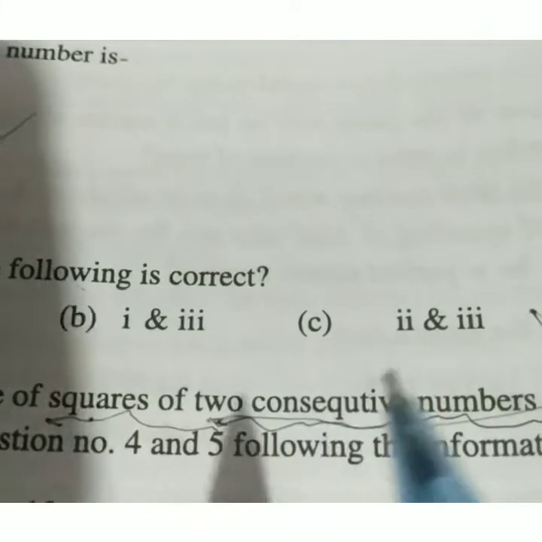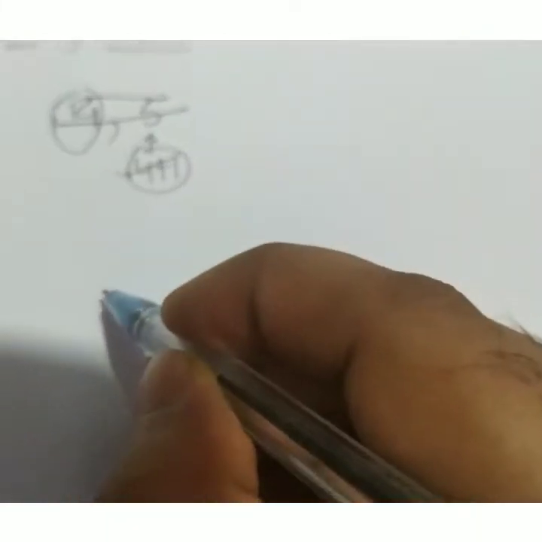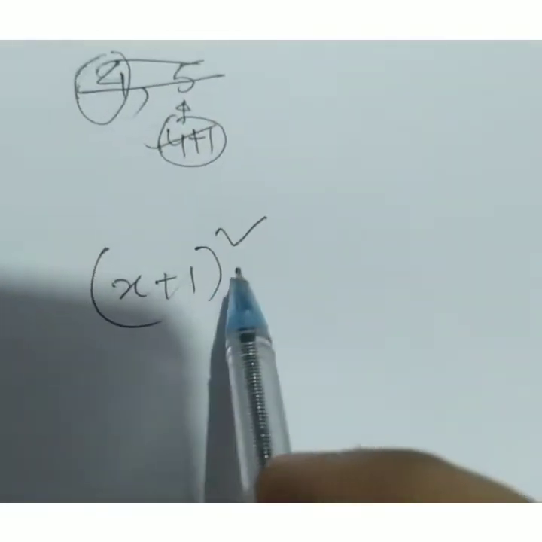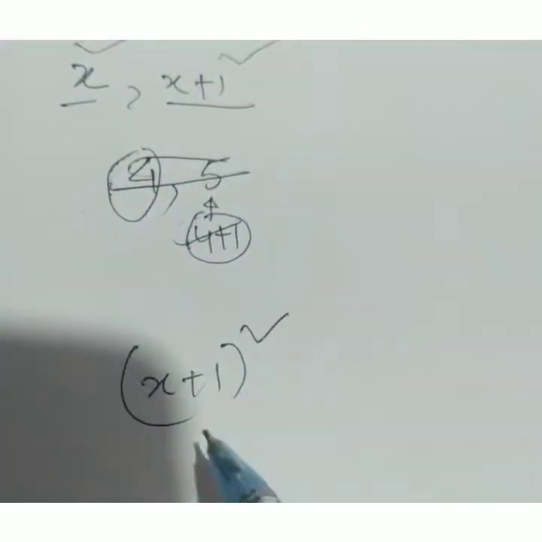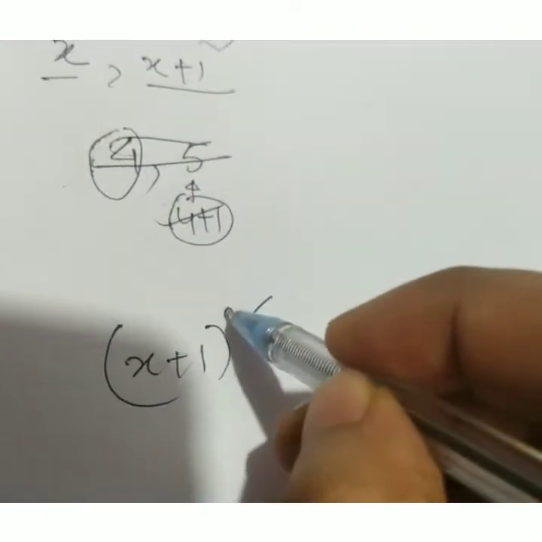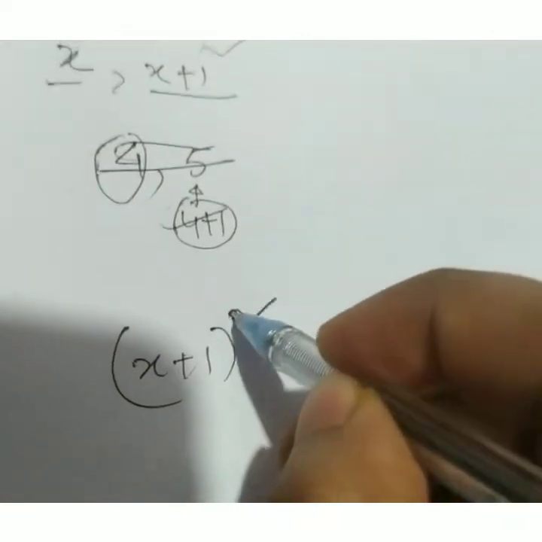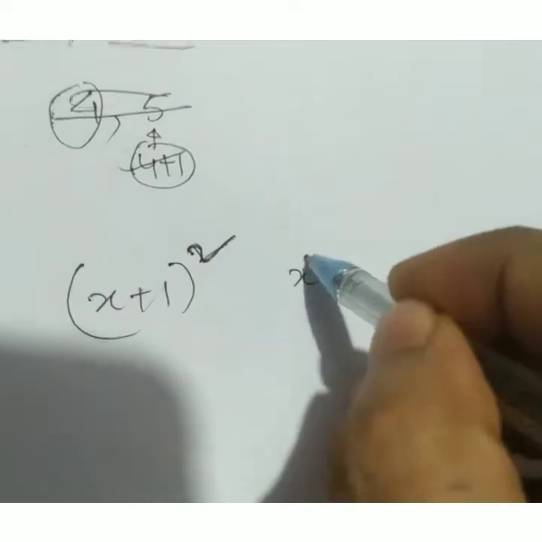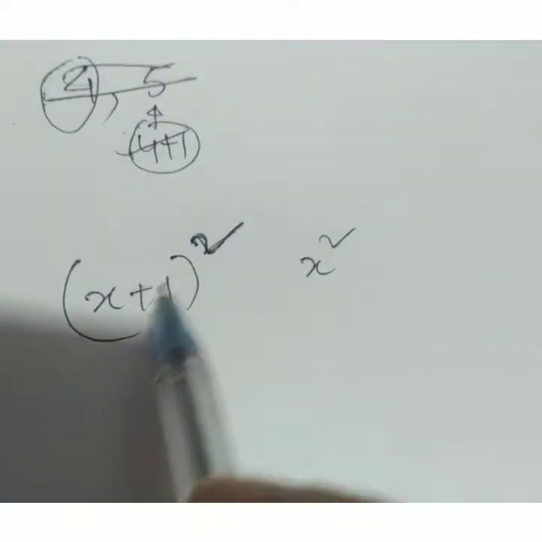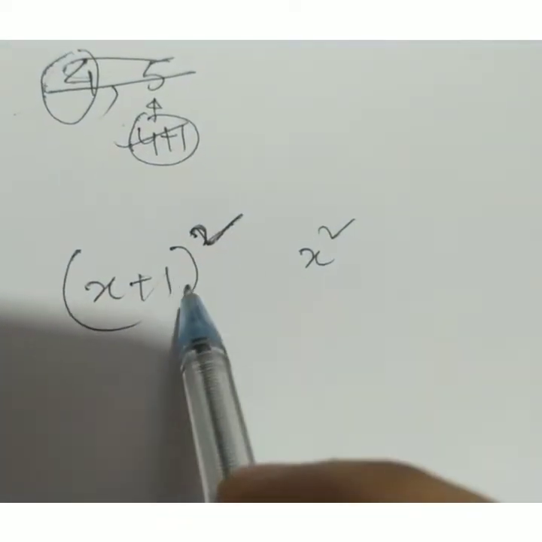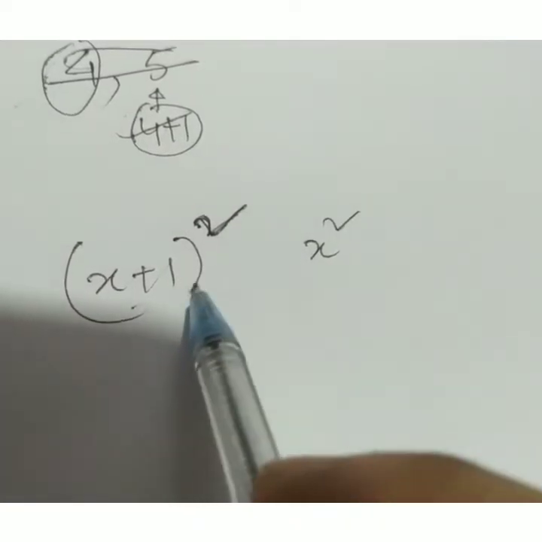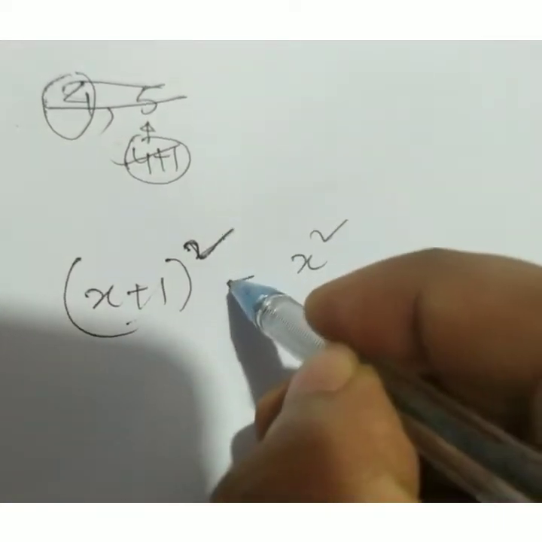Now the second information given is squares of two consecutive numbers. The square of x plus 1 is x plus 1 whole square, and the square of x is x square. And the question given is the difference of the squares of two consecutive numbers. So difference means subtraction.